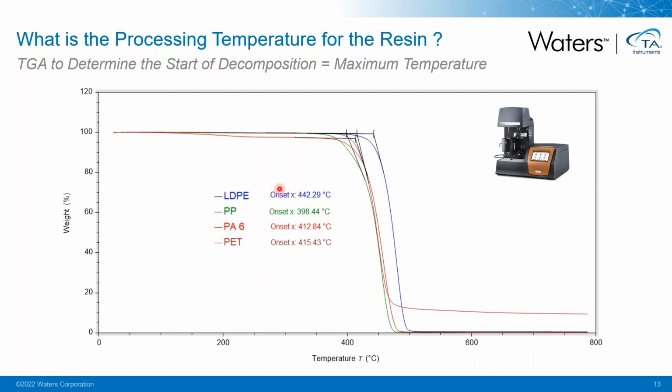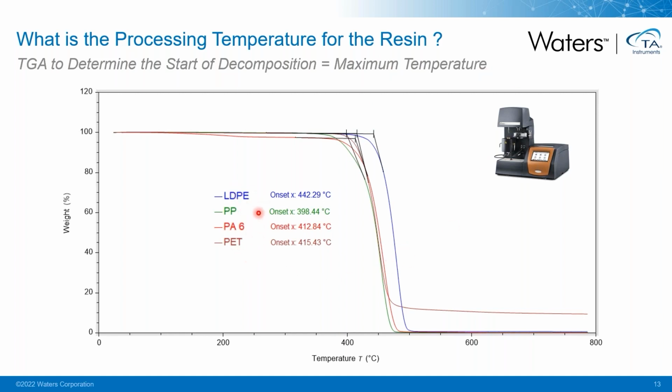We have now measured different types of polymers with the TGA, and we will be looking at the weight changes as a function of temperature. And this allows us, of course, to determine the onset of the decomposition when the weight starts to drop dramatically. And that start of decomposition is obviously the maximum temperature at which we want to do the processing of the material.